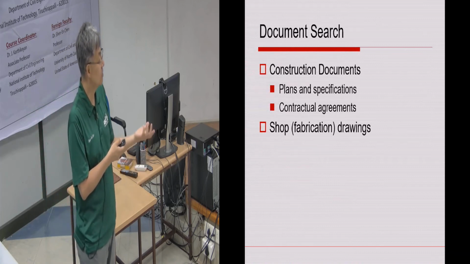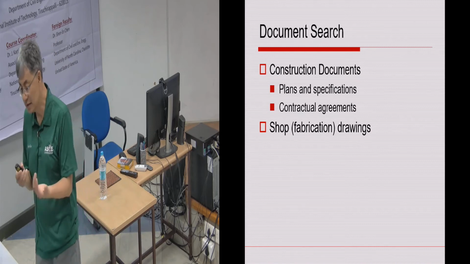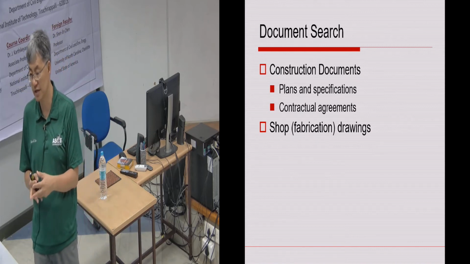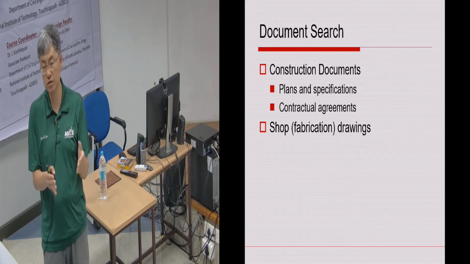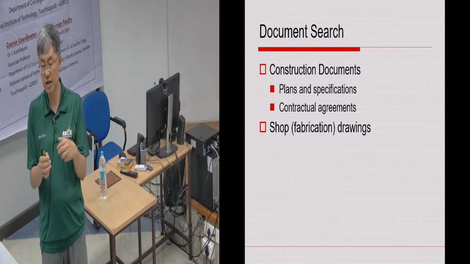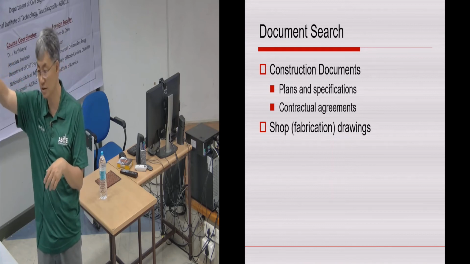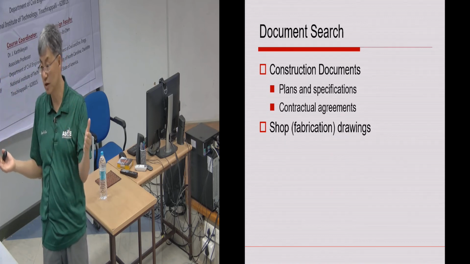And okay, so next is literature study. Literature study is a very integral part of forensic investigation. Okay, if you are dealing with a historical structure, like Dr. Shen and I have investigated some of the historical churches in Tamil Nadu, and some of them are 100, 200 years old.